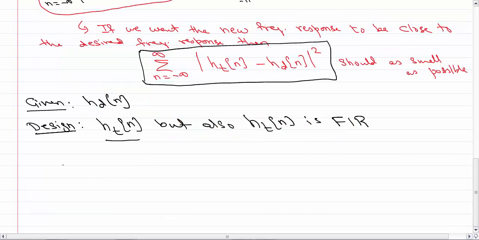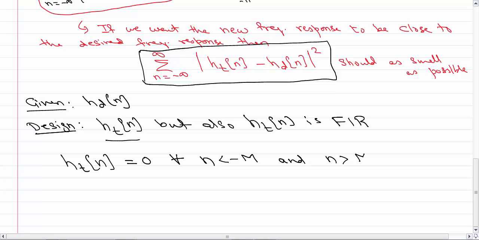So let's say that h_t[n] is equal to 0 for all n less than minus M and n greater than capital M. Here M has a different meaning than what we learned in the previous lecture; the text uses M in a different manner.